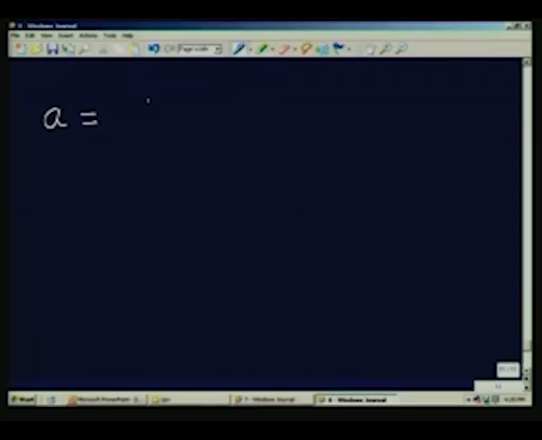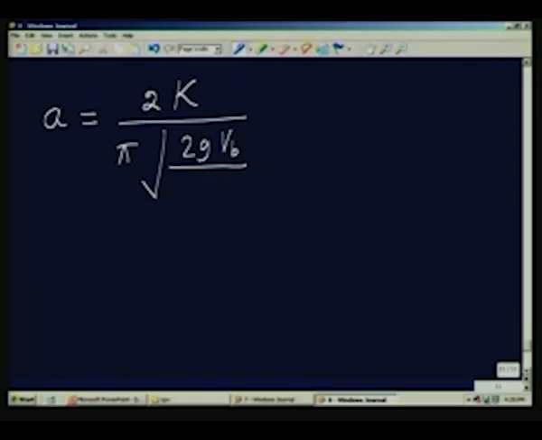This will be 2 into K, which is the gauge constant, divided by pi square root of, this can be done easily by going back to the rotameter equation and reworking it. So, CD AB, and I am assuming rho B equal to 2 rho F, and therefore, the density factor is this thing. And what is K?